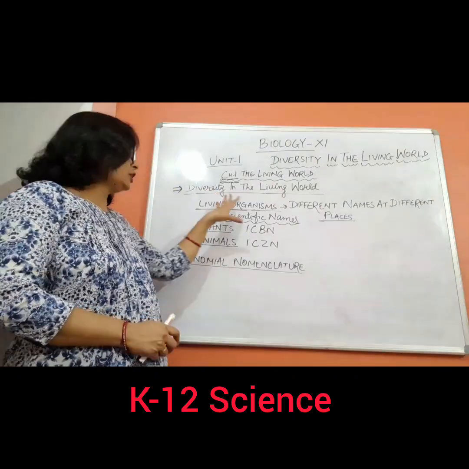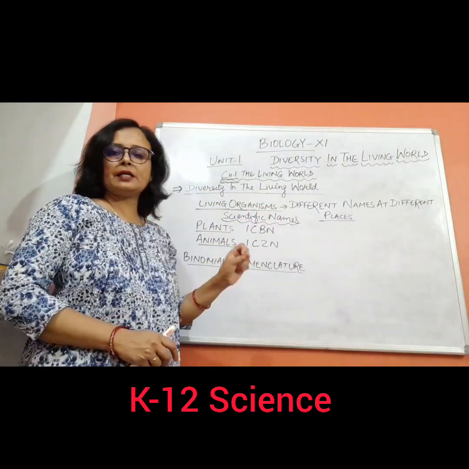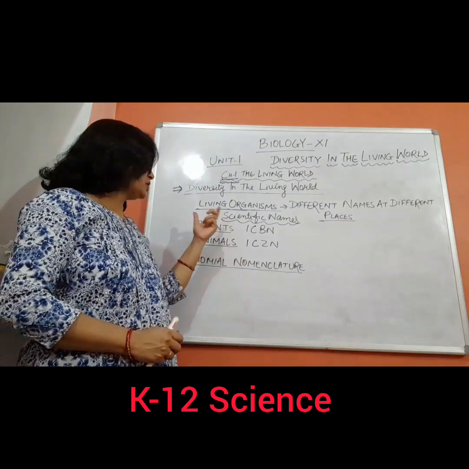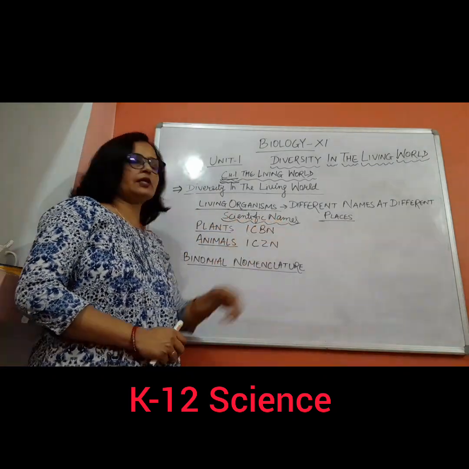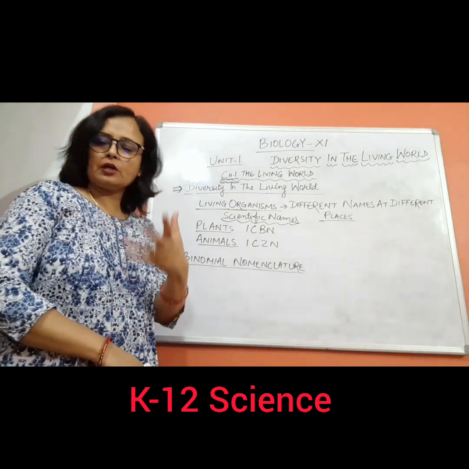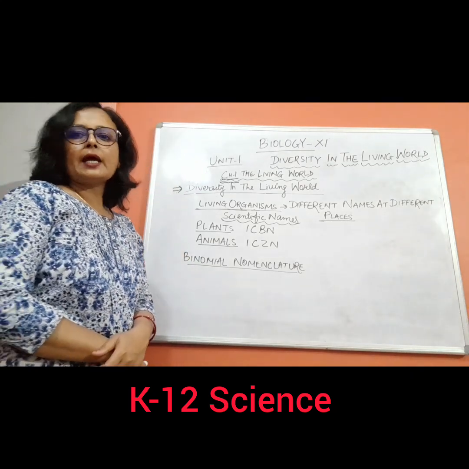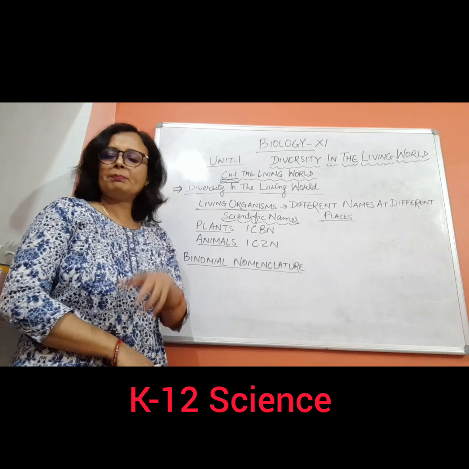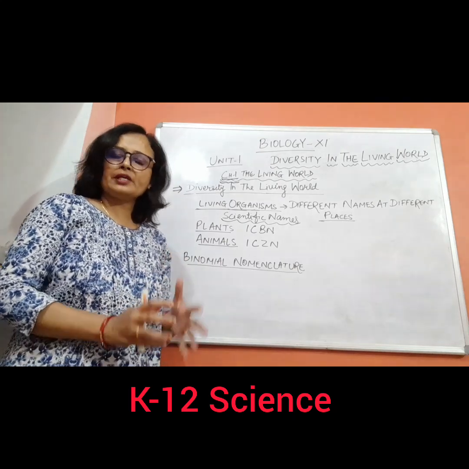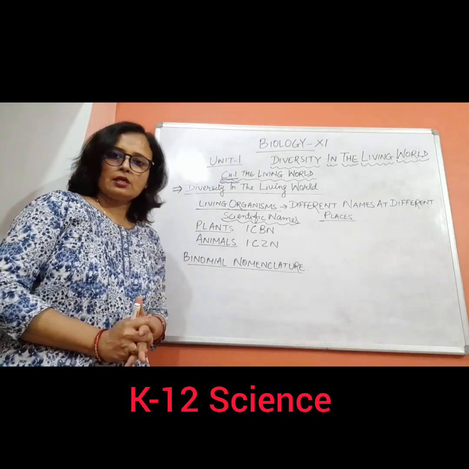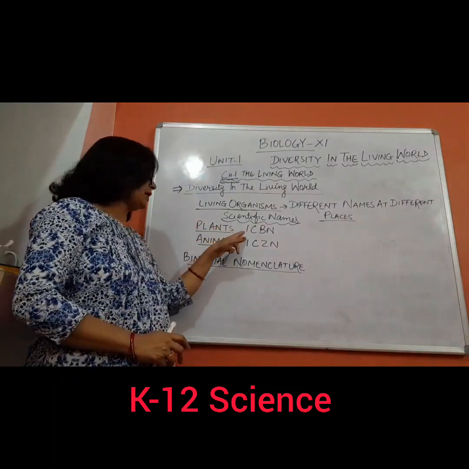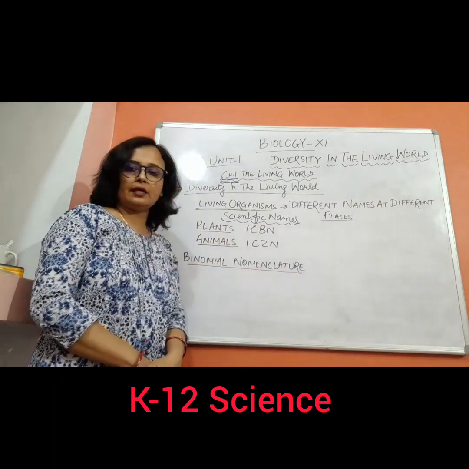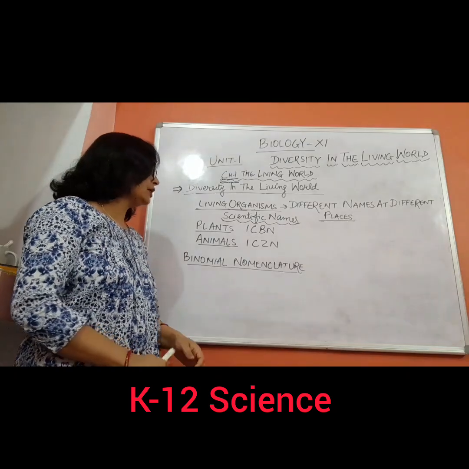So to give uniformity, a system was developed, that is scientific naming for a particular living organism, and scientific naming depends upon some principles, some criteria. Basically for plants there is ICBN. What is this ICBN?